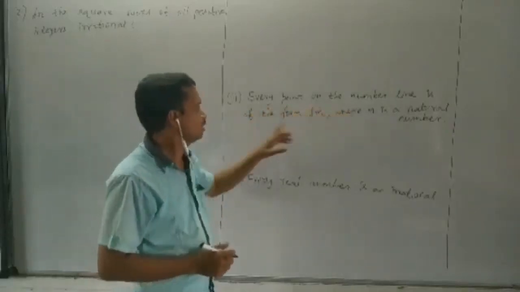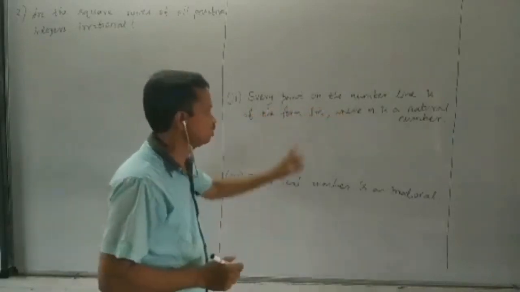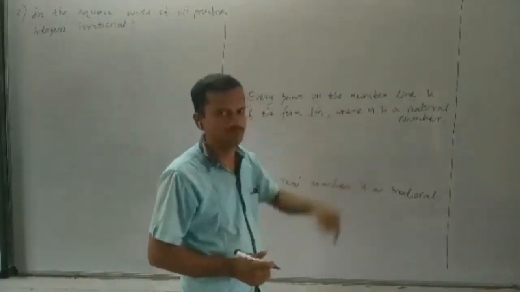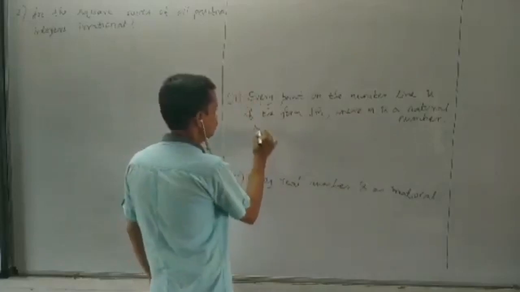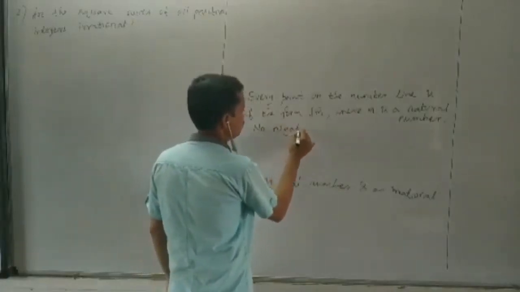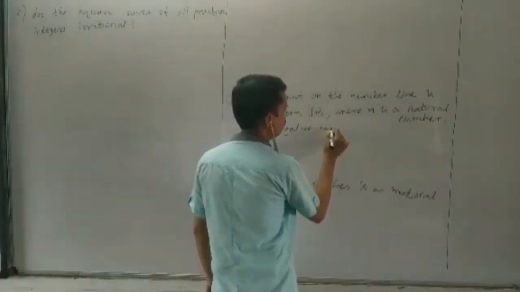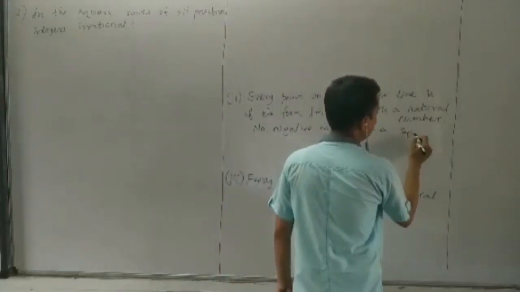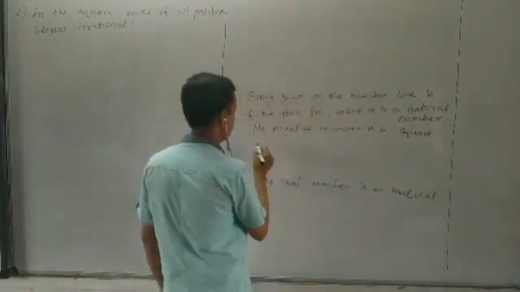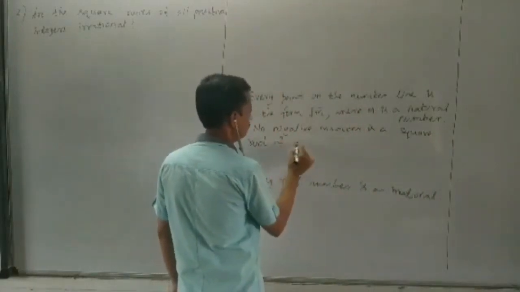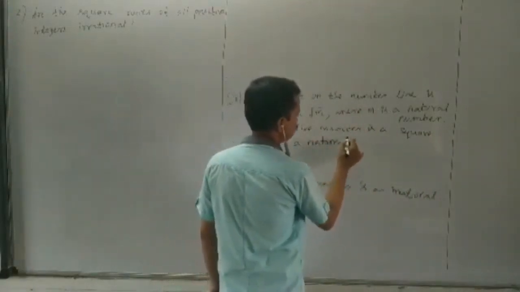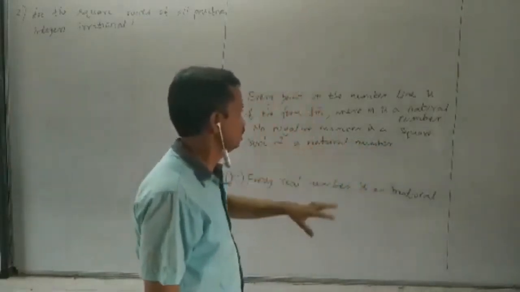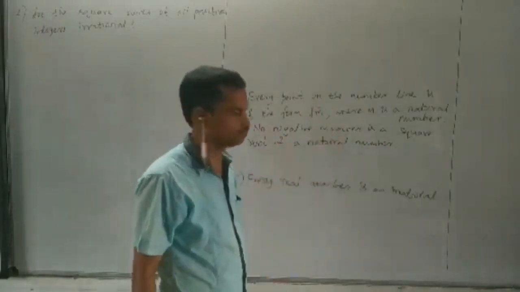Now coming to the second question. Every point on the number line is of the form square root of m, where m is a natural number, as given in the question. So, no negative number is a square root of a natural number.